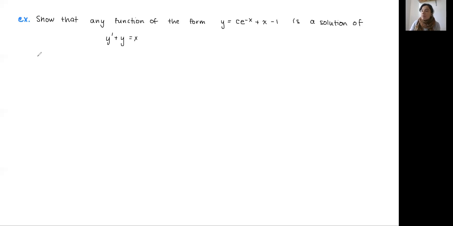And find the particular solution that verifies y of 0 is equal to 0. Okay, so you have 4 minutes for this one.